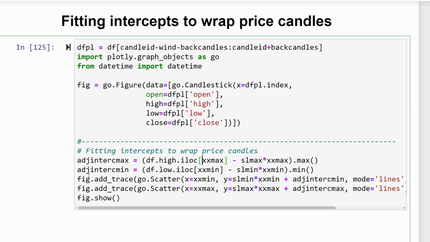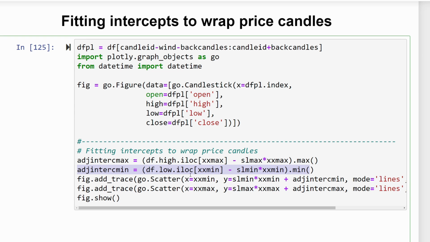So I'm measuring at the XX max, the distance between the price, the highest price, and the price that is provided by the slope. And by doing this difference of all these prices, I can extract the maximum distance between the high column values that I've used to find the maximas and the fitting slope that I have found using the polyfit function. Same thing for the minimas.